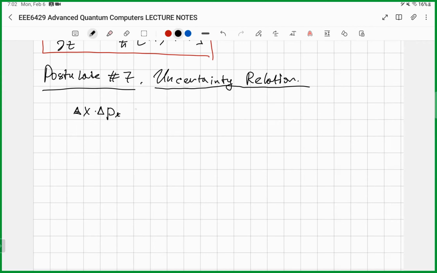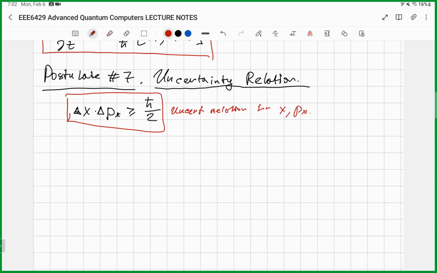So the product of these two is larger than or equal to h bar over 2. Uncertainty relation for coordinate and momentum px in this case.